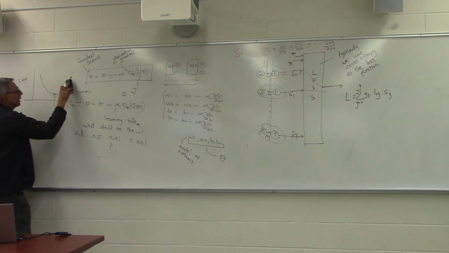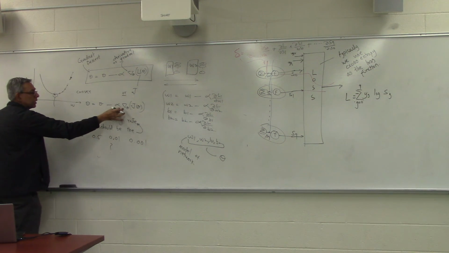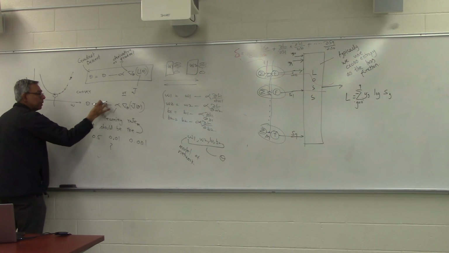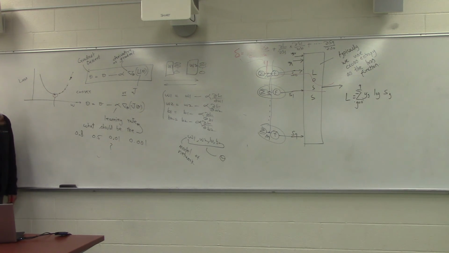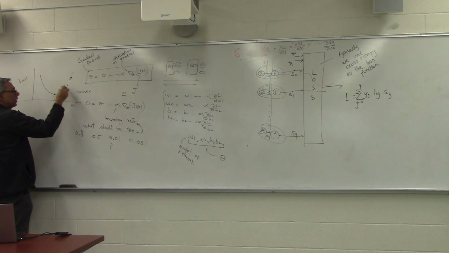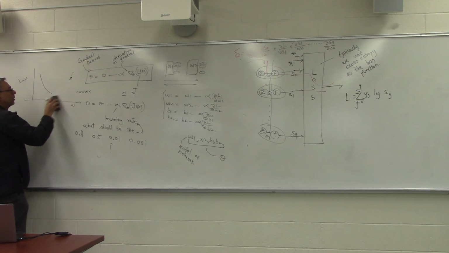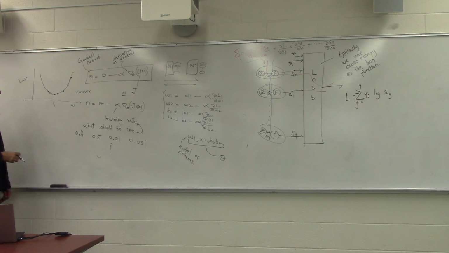Let's pick the scenario. If it is a high learning rate, you can see it will be adjusting theta with a bigger value, right? So a high learning rate will go something like this. It may go here, then here, then here, and finally settle.